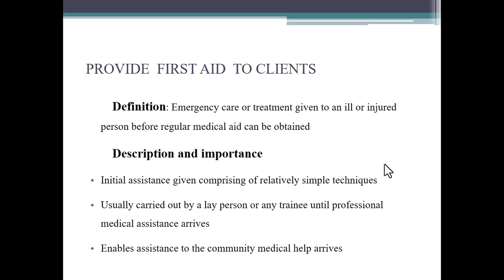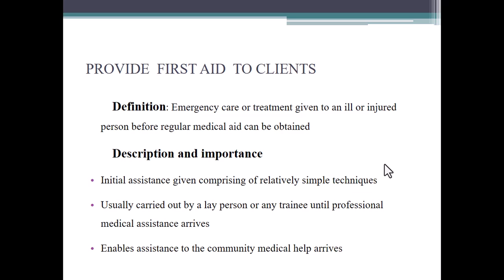So how do you provide first aid to clients? First aid is emergency care or treatment given to an ill or injured person before regular medical aid can be obtained. What you're going to give your patient, an ill person, before regular medical aid is obtained is what we call first aid.